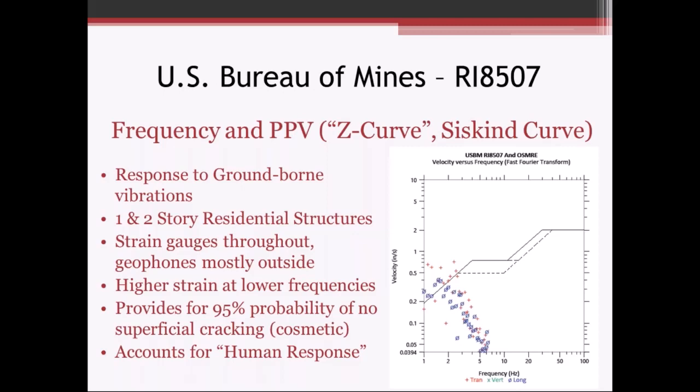So the idea here is that if it's below the line, there's a 95% chance that there's no superficial damage to the structure. This does account for the human response to a certain extent, mainly in some of these really low frequencies. But it's more related to the structures.